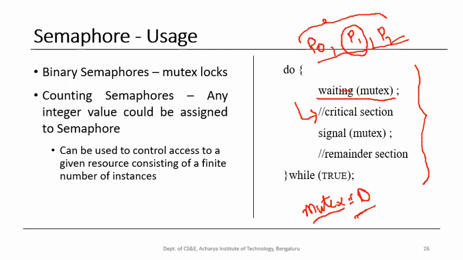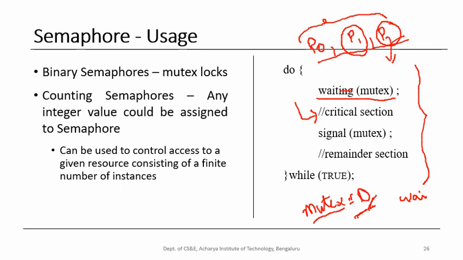Now let's see if P2, when P1 is in the critical section, tries to enter into the critical section, it sees the value of mutex as now 0 and it performs wait on mutex. Because the value of mutex is 0, it cannot decrement its value, so it will wait. It is stuck in that wait loop, right?